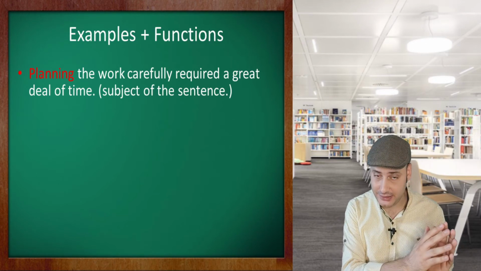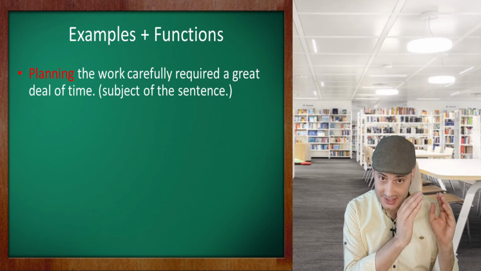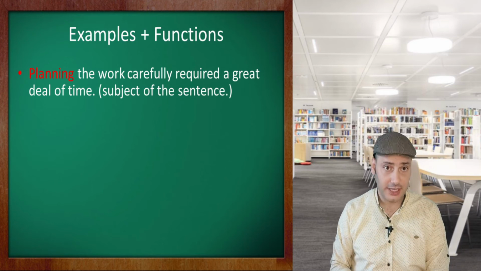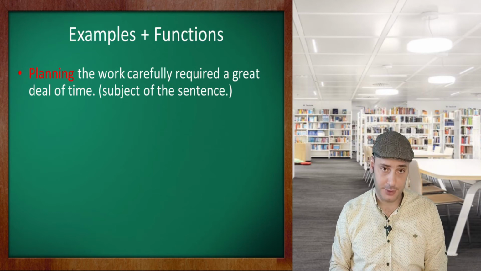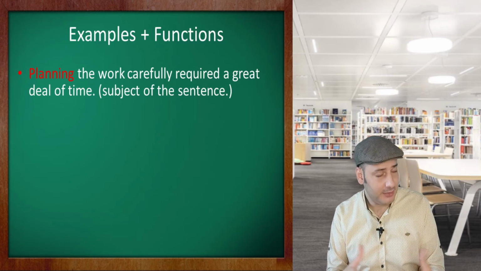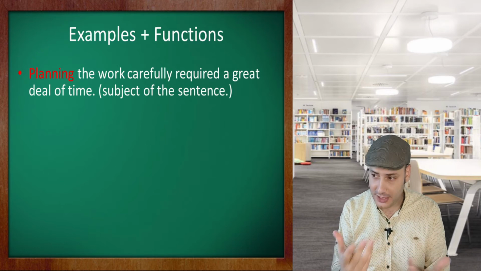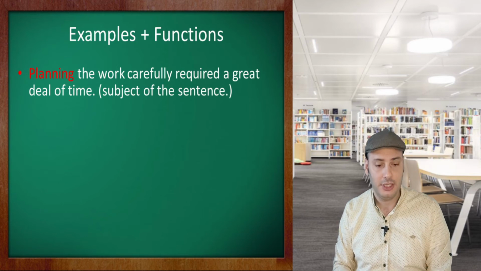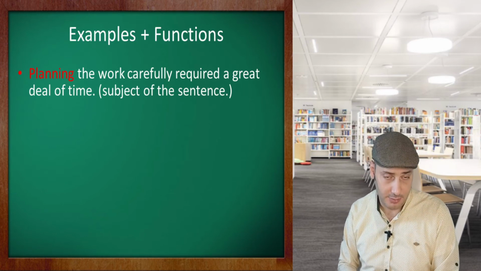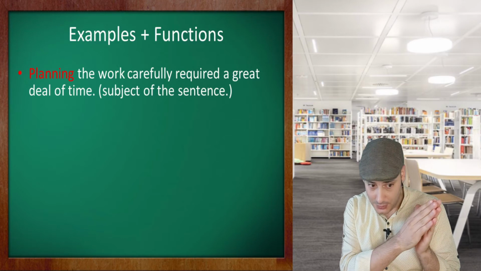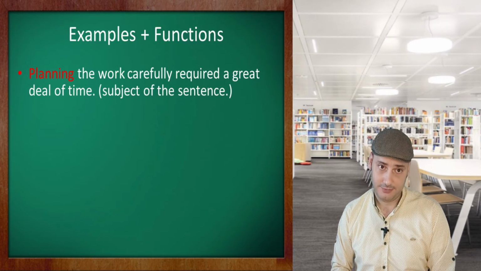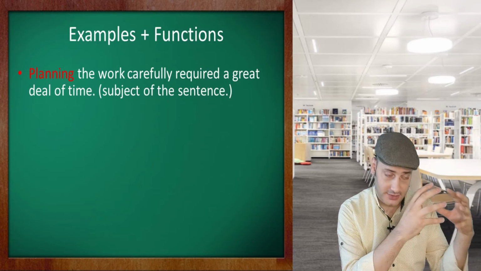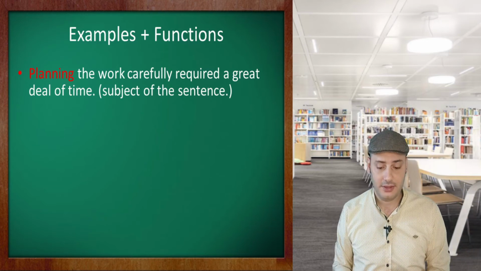And planning is the subject of the sentence, because planning is half a noun and half a verb. Well, you might tell me, teacher, I understand the meaning of half a noun, but what do you mean by half a verb? I'm going to tell you once we finish the examples and functions. So planning here is a noun, and it's the subject of the sentence.